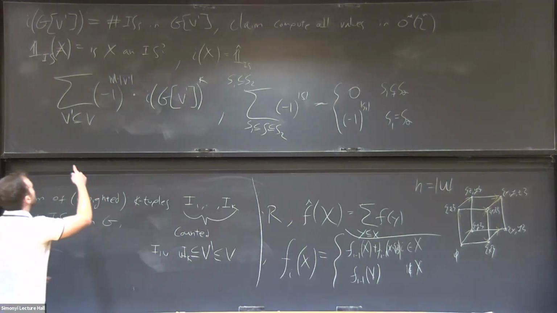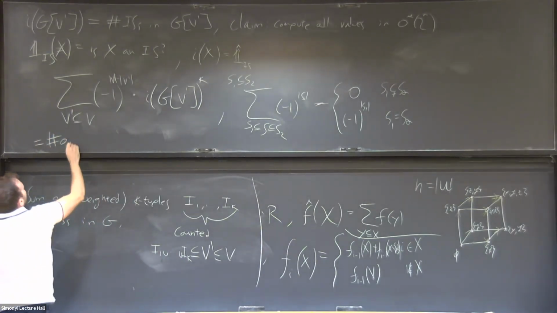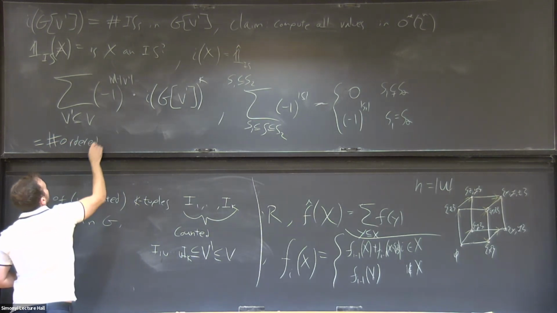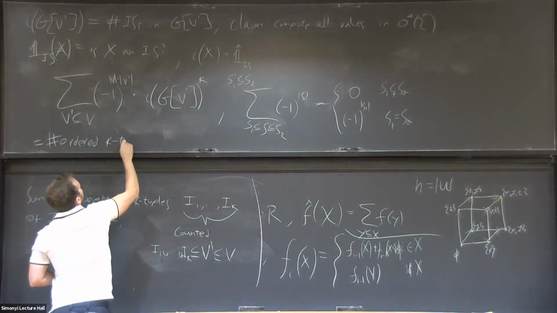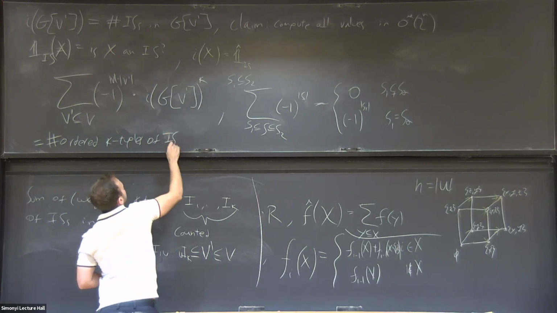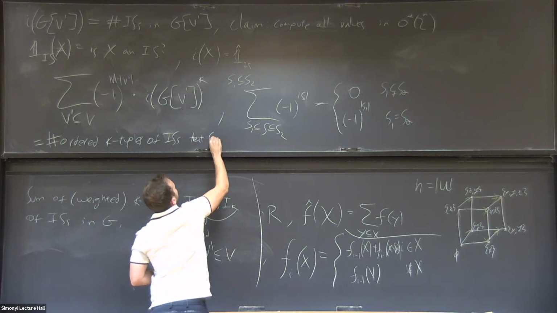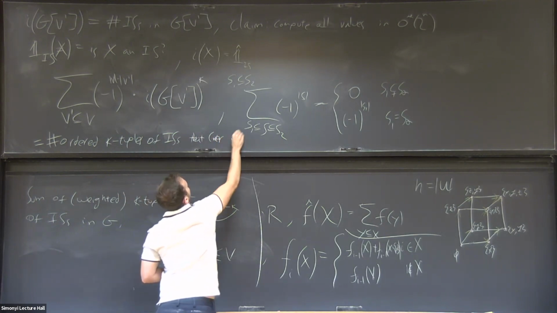So actually what I'm counting here is just the number of ordered K tuples of independent sets that cover the entire graph.